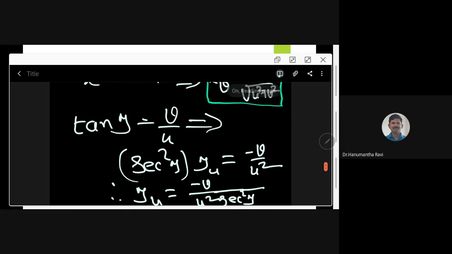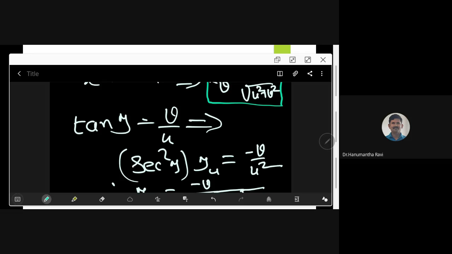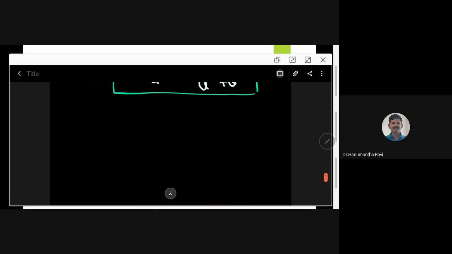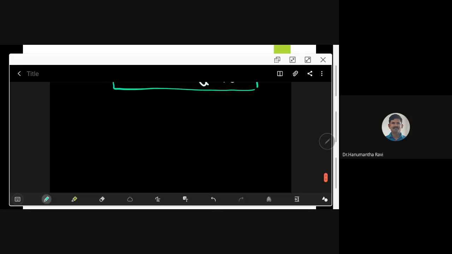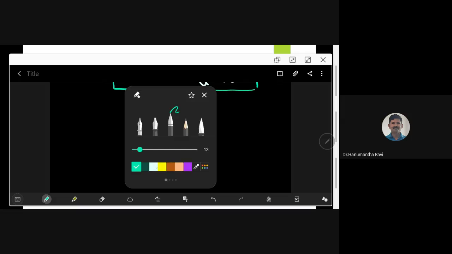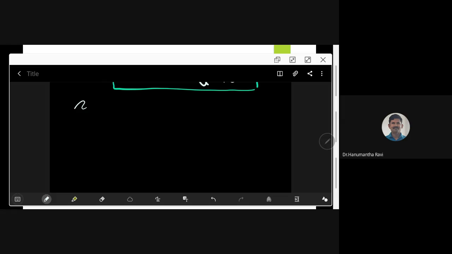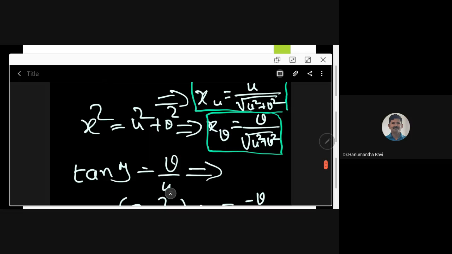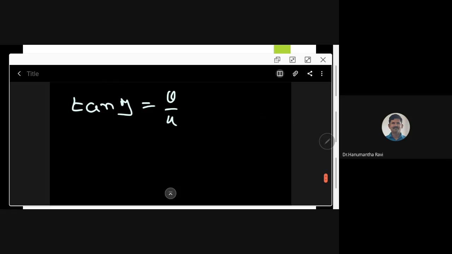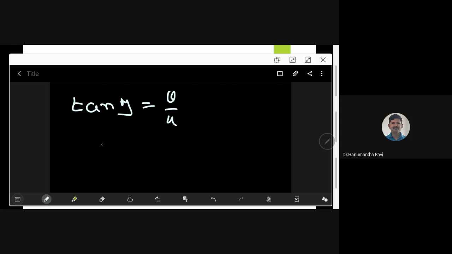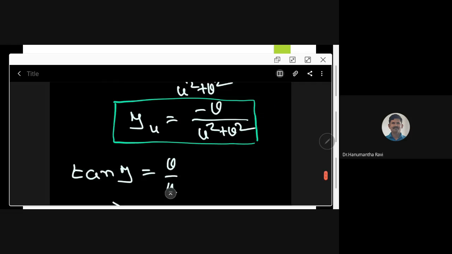Again, we go to tan y is equal to v by u. Is it right? Do we have tan y is equal to v by u? Yeah, right. So this implies, as before, now we need to do it with respect to v. Earlier we did with respect to u.